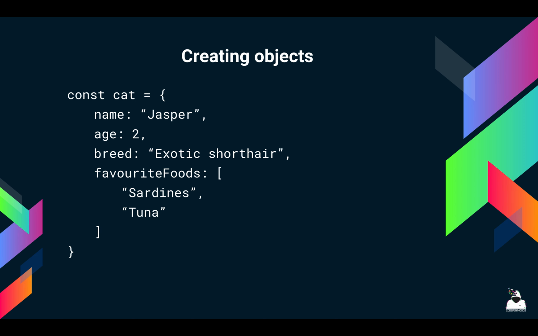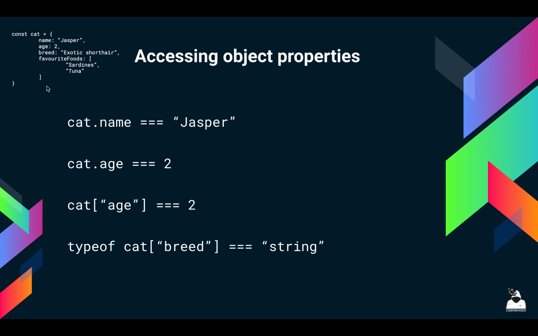So now we have an object within an object. You can have any value assigned to a key in an object. Okay, so we're going to keep that object in the top left corner so we can keep referring to it.